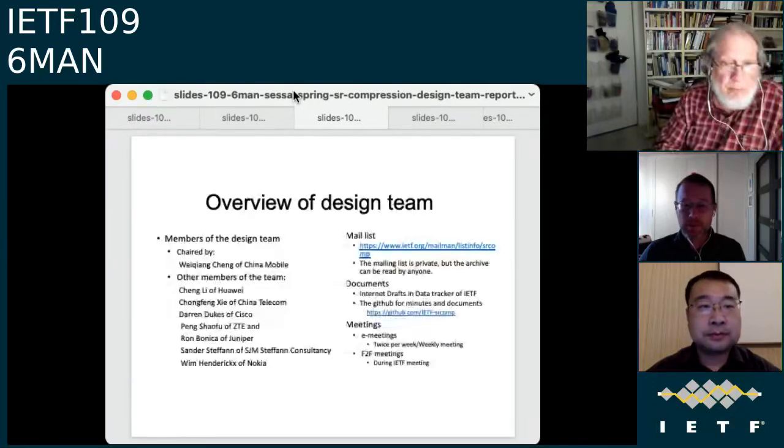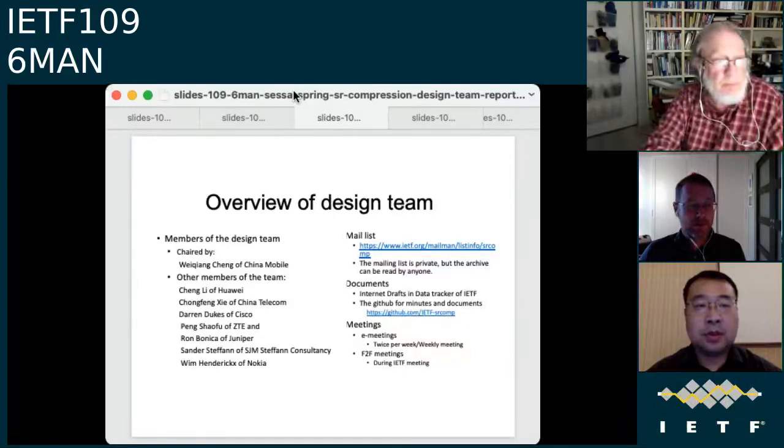Next page. So the overview of the design team is shown on this page. The design team was set up this July, and we have 8 team members from Huawei, China Mobile, China Telecom, Cisco, Juniper, SGM, Nokia, and ZTE.